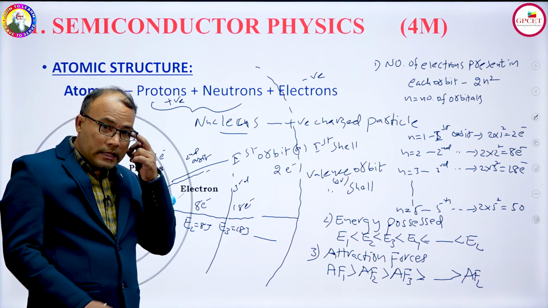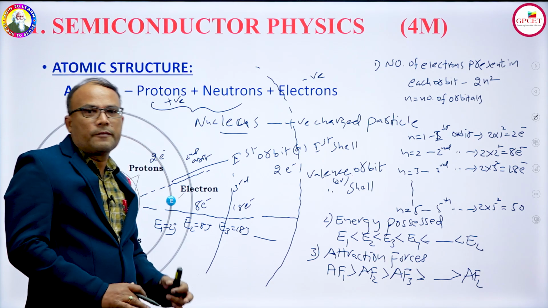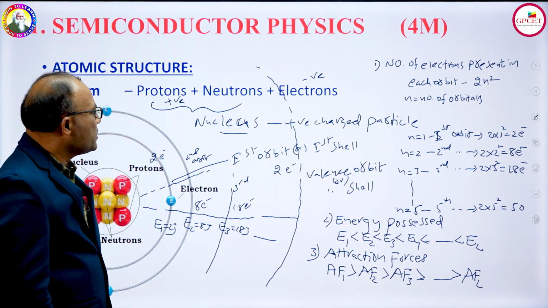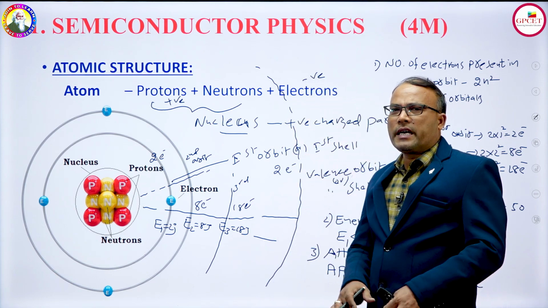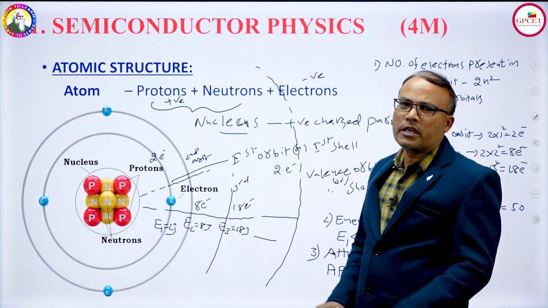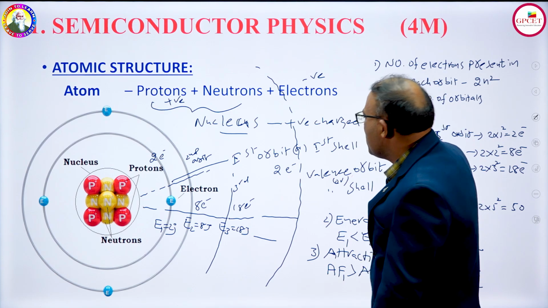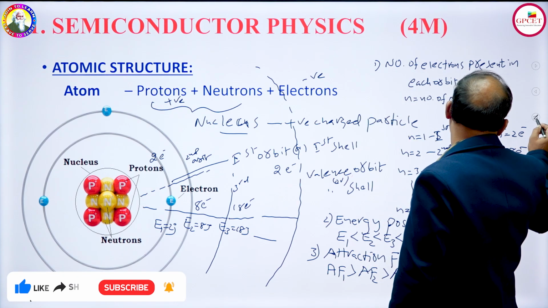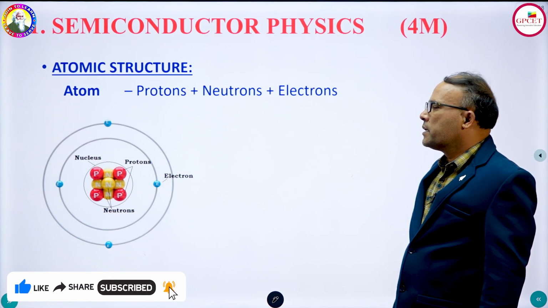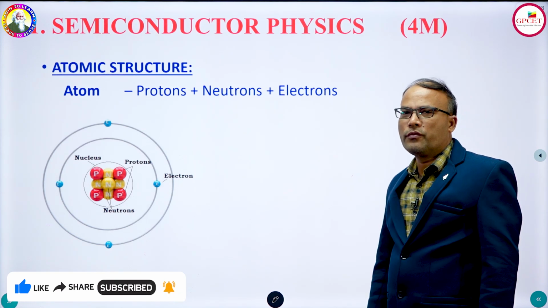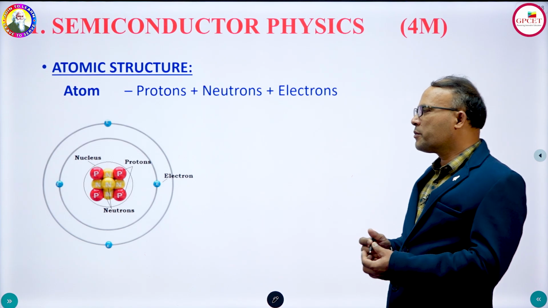Now the last orbit is the valency orbit, where the valency electrons are revolving around the nucleus. Now let us see how current flows in these semiconductor devices, using this atomic structure.